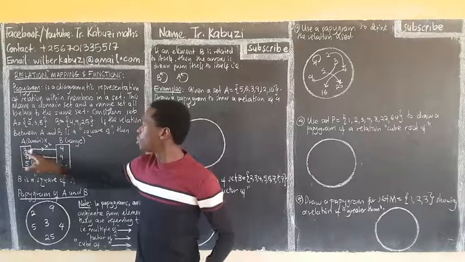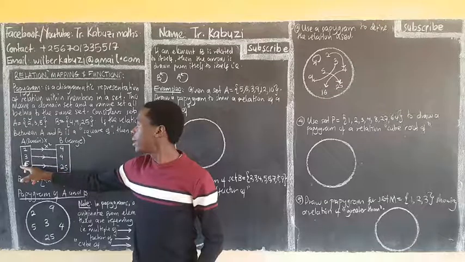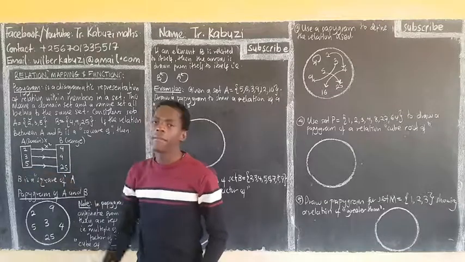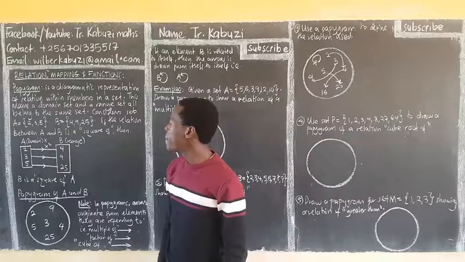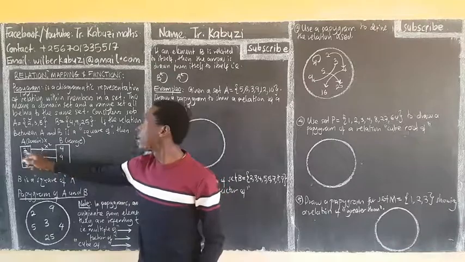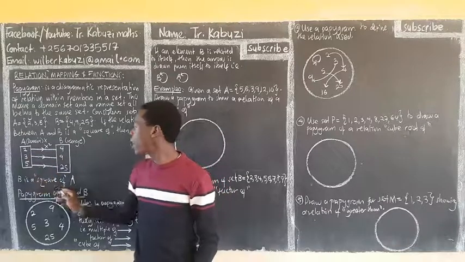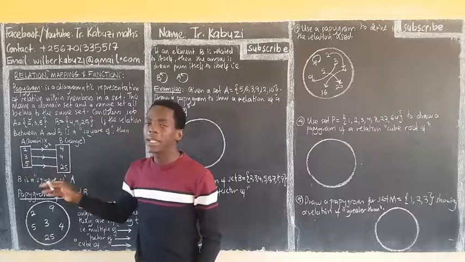We get 2 squared, 3 squared, 5 squared. So the relation between A and B is the square of A, so that we are squaring these to get B. So B is the square of A. When you square A, you get B.